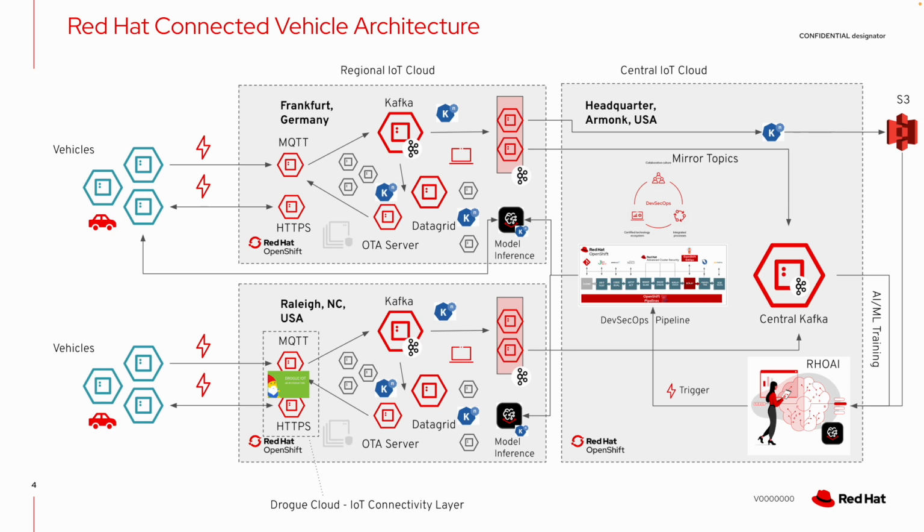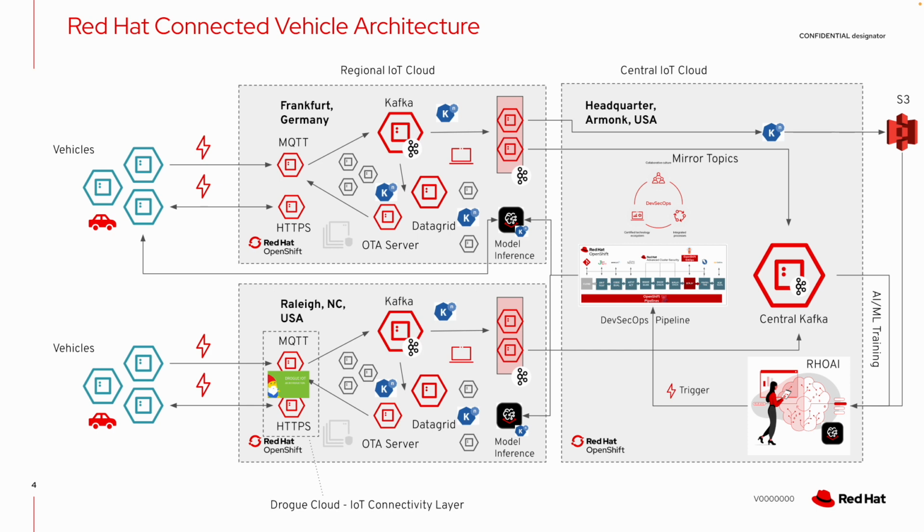Specifically, we want to predict road conditions for our vehicles, and we use the sensor data. In the demo, we will forward the data coming from the Kafka and from a Knative broker, from the regional cloud, to the central cloud environment, to a Knative broker. And there we store it in the data lake, so in S3.